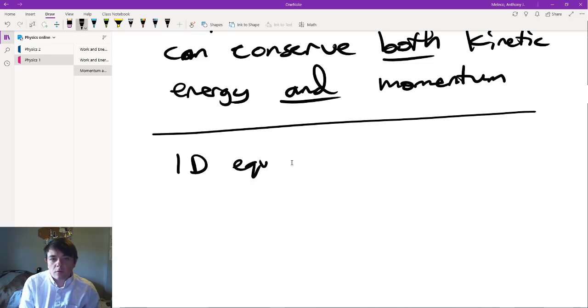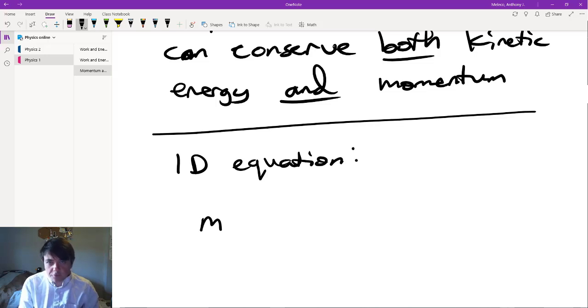But you can do it if you want to, and I can show you if you want me to. Just let me know. So 1D equations: we're basically going to examine balls coming in and out on a one-dimensional plane, fully in the x-axis. But there are also 2D problems, and because these are vectors, you can imagine they get complicated.